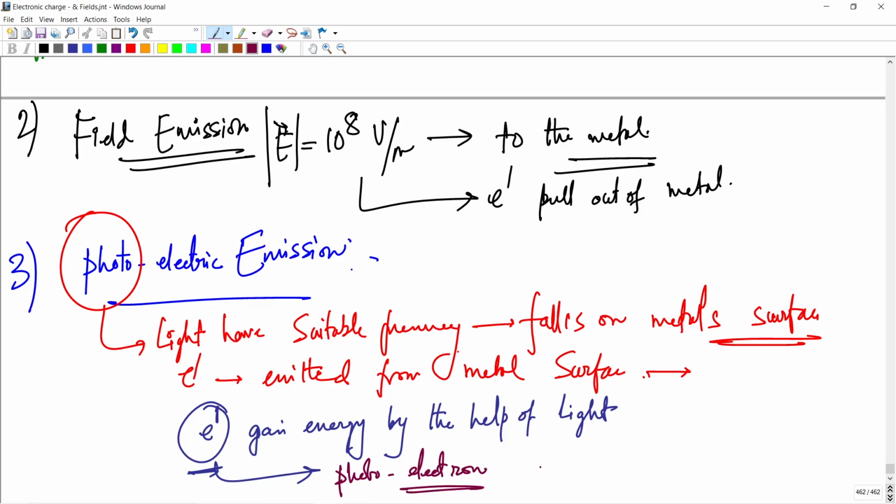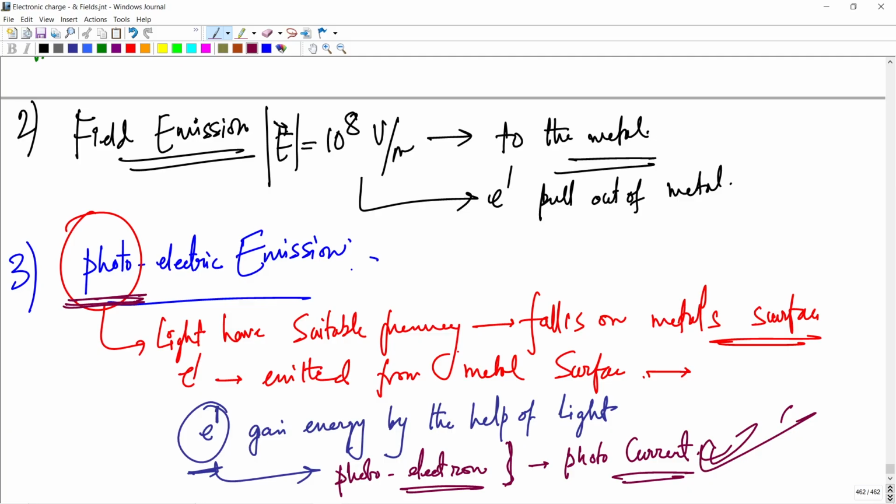When the electron moves, we get some current, and that current is called photocurrent, because the electron is released from the metal surface with the help of the photon or light energy.